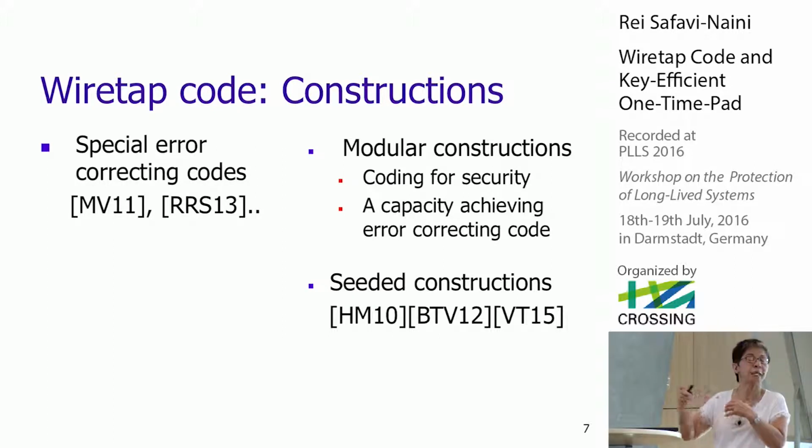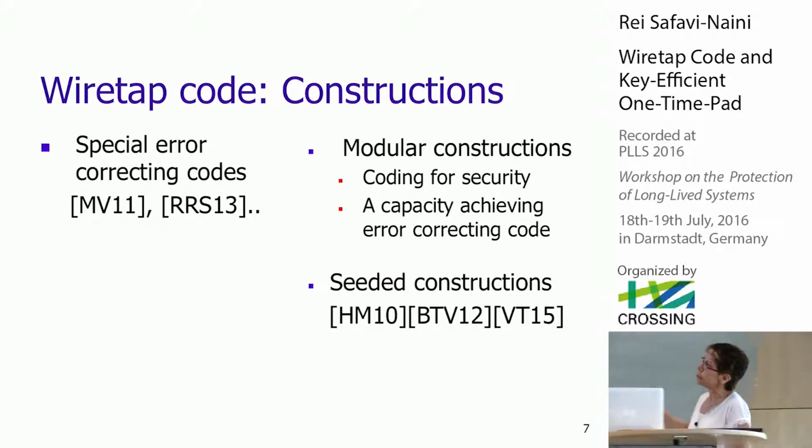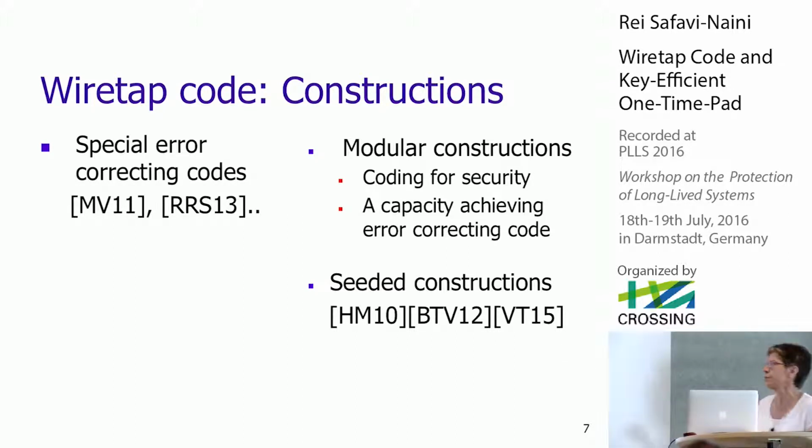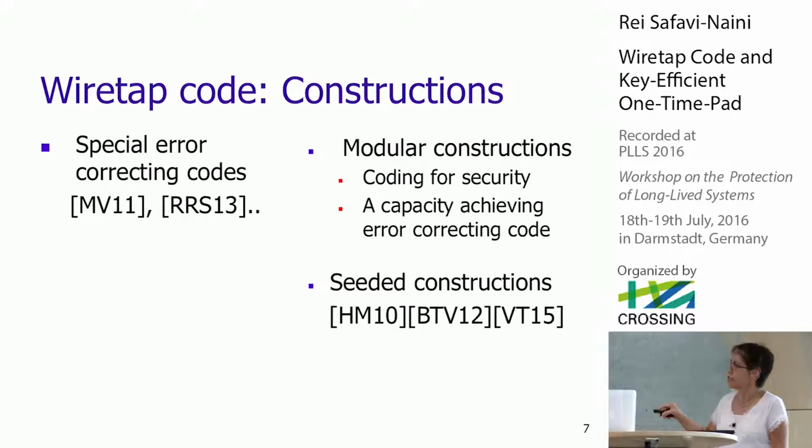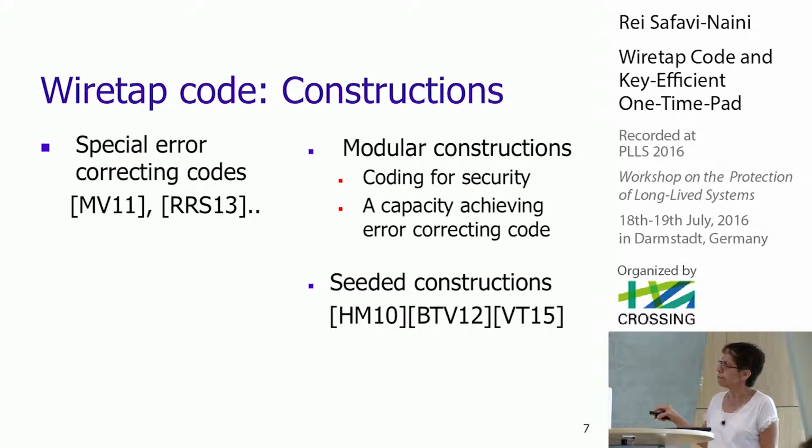Of course, security analysis cannot be separated, but in terms of putting the two pieces together, you can separate them. So these are called seeded constructions. So it's Hayashi Matsumoto, Bellare Saravardi, and then Vardi Tyagi. So these are the existing constructions of what is called seeded construction.